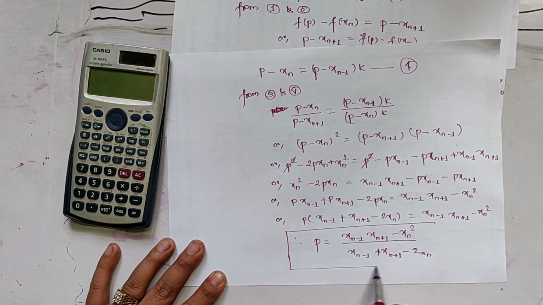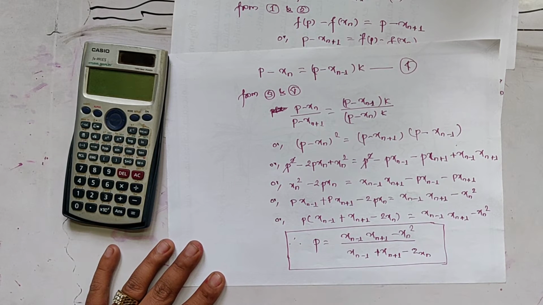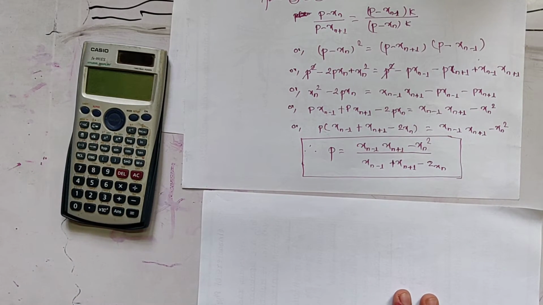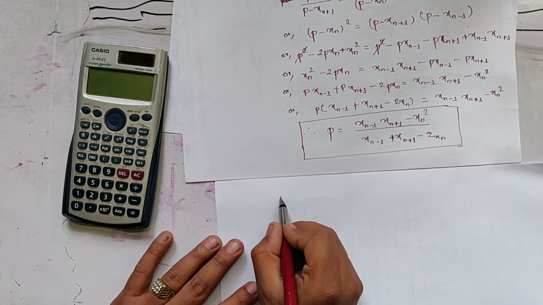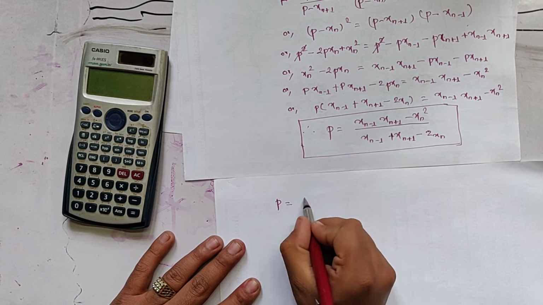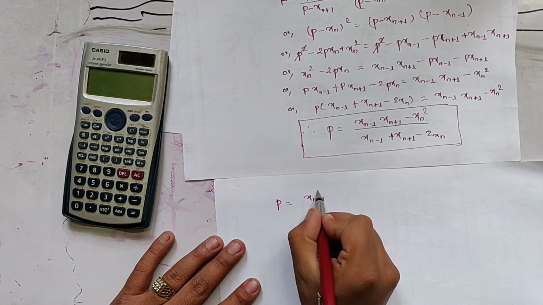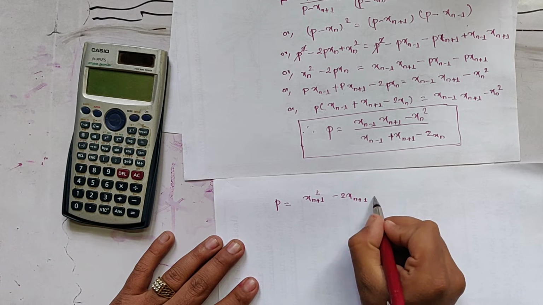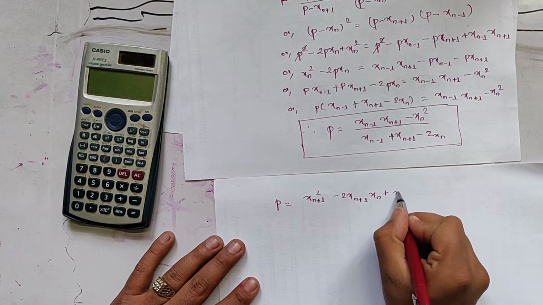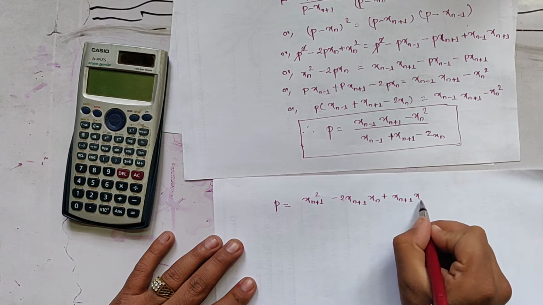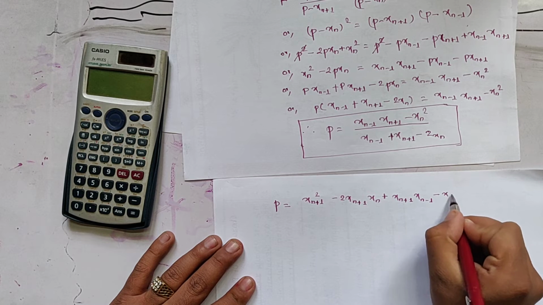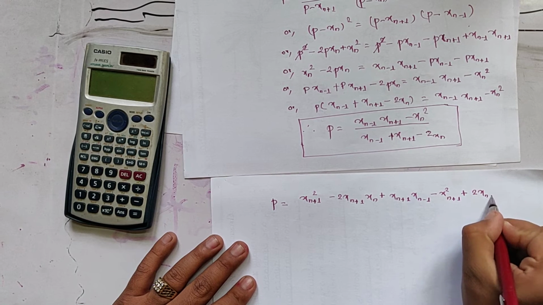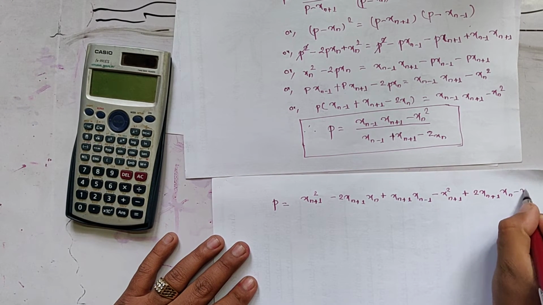So this is our Aitken delta square process equation, and it can be written in a simpler form. So we derive the simpler form of it, that is p is equal to xn plus 1, we add the term whole square minus 2xn plus 1 xn plus xn plus 1 xn minus 1 minus xn plus 1 square, plus 2xn plus 1 xn minus xn square.